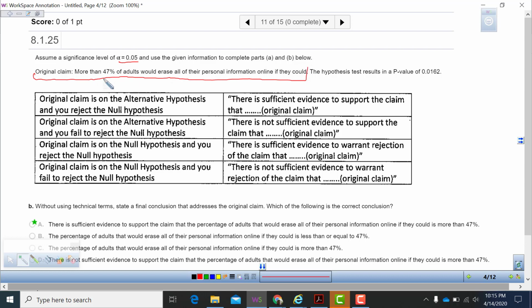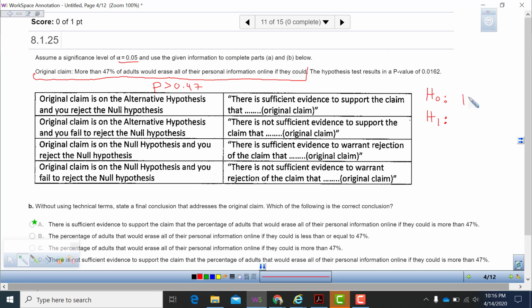This is a proportion problem. So since this statement is p greater than 0.47, remember we have two types of hypotheses: the null hypothesis and the alternative hypothesis.